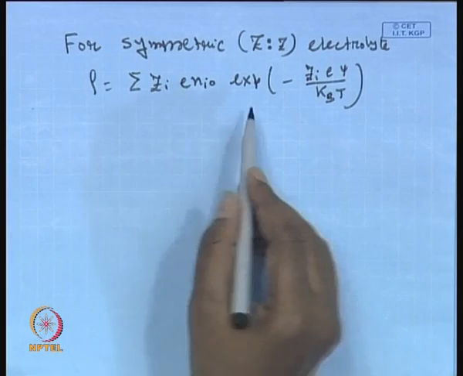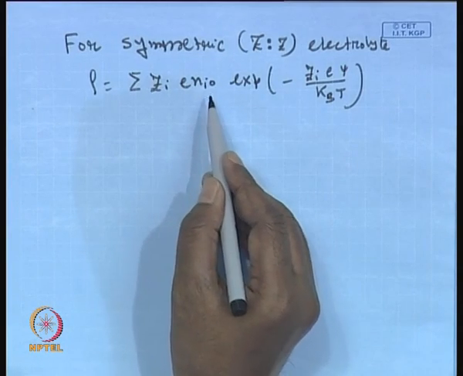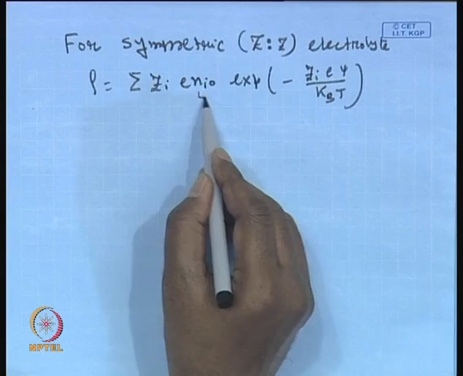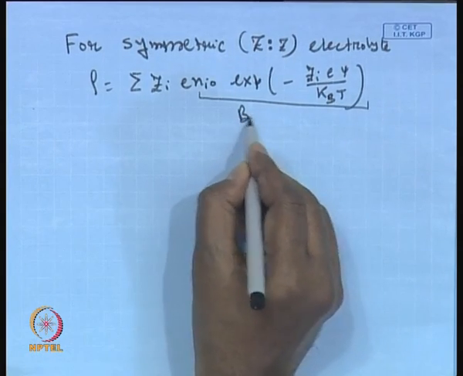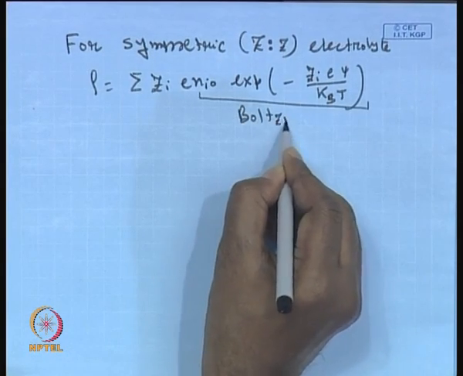And this Ni is nothing but given by the Boltzmann distribution.